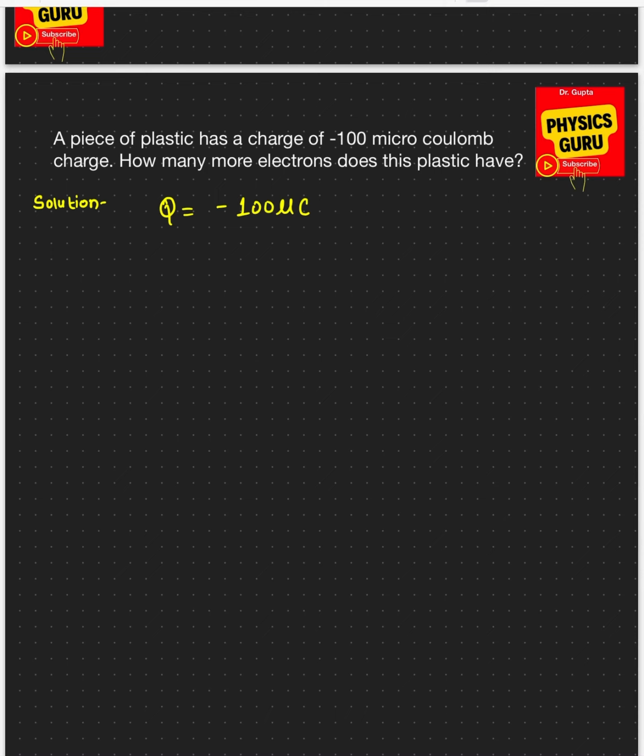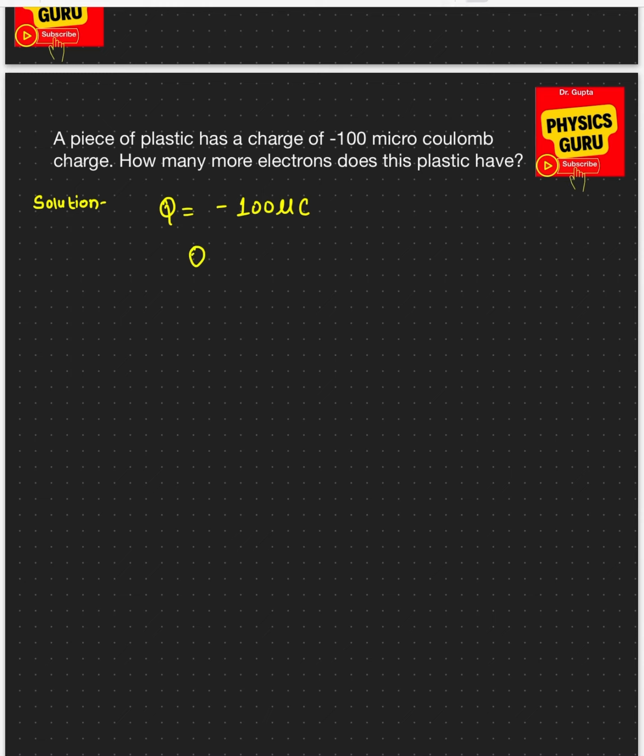of protons. So what does this charge mean? That's a negative 100 microcoulomb. So that means it has more electrons than protons, and because it has more electrons compared to the protons, it does have a negative charge. And how do we find out how many more electrons this one has?